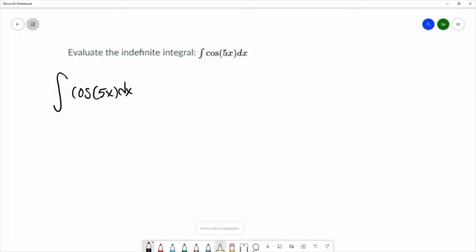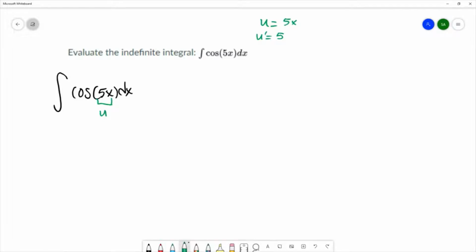So inside of the cosine, I have 5x. I'm going to think of that as u. And in order to evaluate this integral, I also need to have the derivative of u. If u is equal to 5x, the derivative, u prime, is 5.